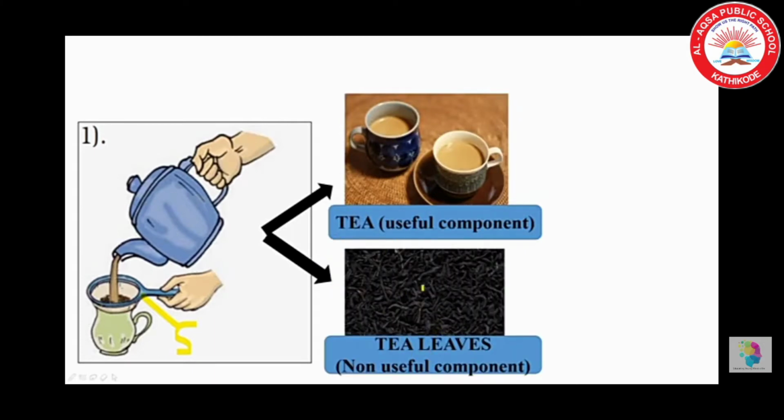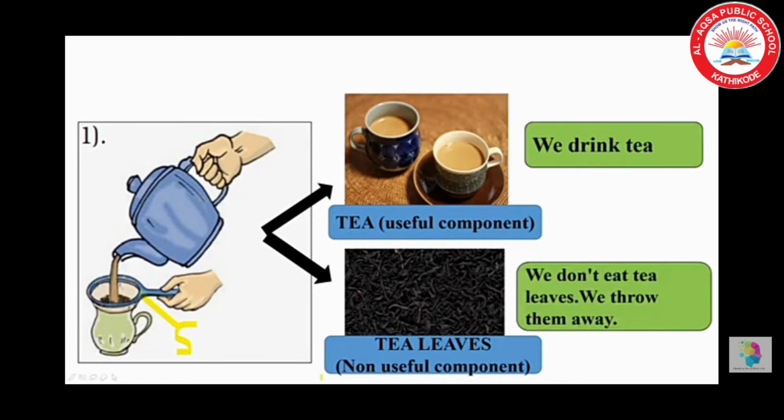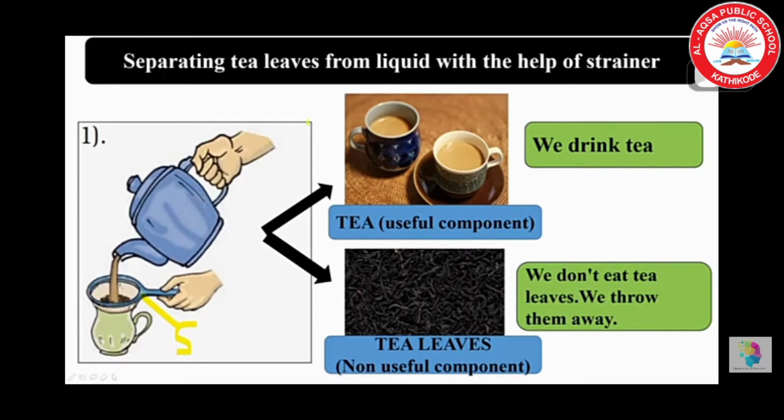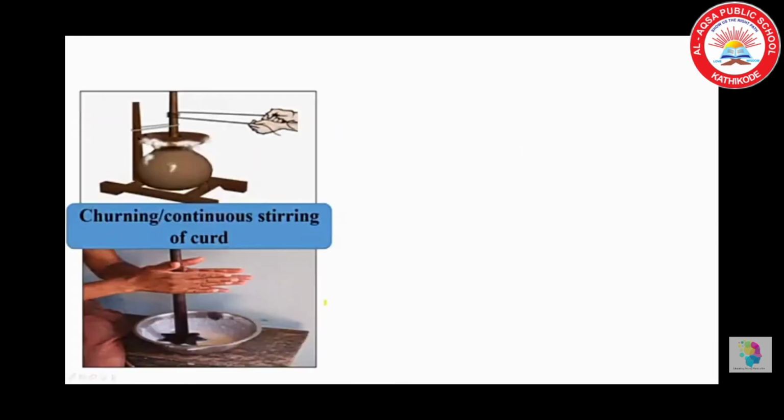Tea is the useful component and tea leaves is the non-useful component. Tea we are drinking and these tea leaves we don't eat, we throw them away. So actually we are separating tea leaves from a liquid with the help of a strainer. This one we are always using.